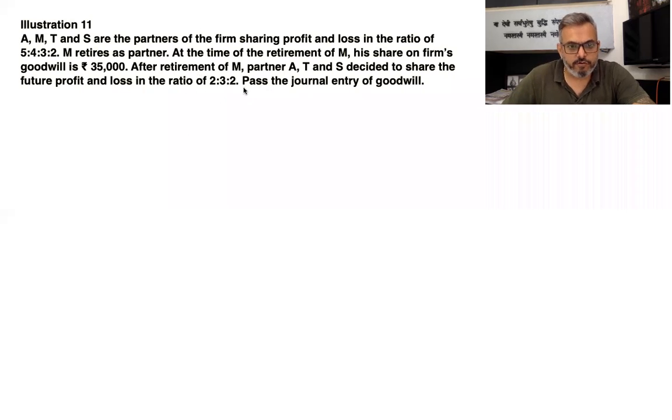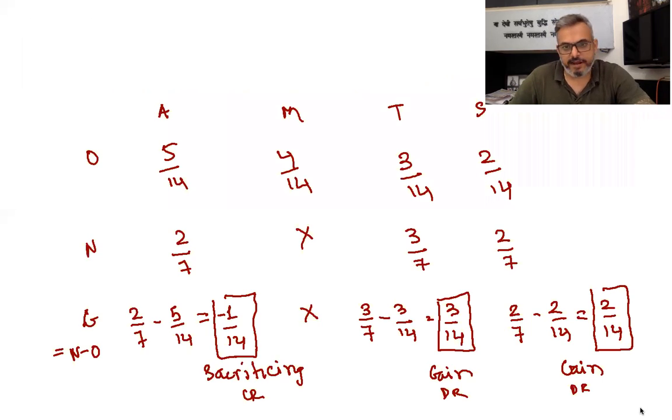Now it is given over here. At the time of retirement of M, his share on firm's goodwill is 35,000. यानी M का share is 35,000. तो हमें फाइंड करना पड़ेगा तो बाकी का क्या शेयर आ रहा है. So let's write over here working note.